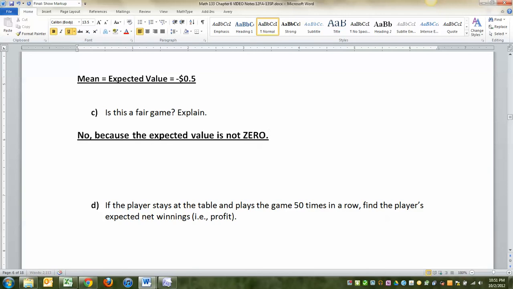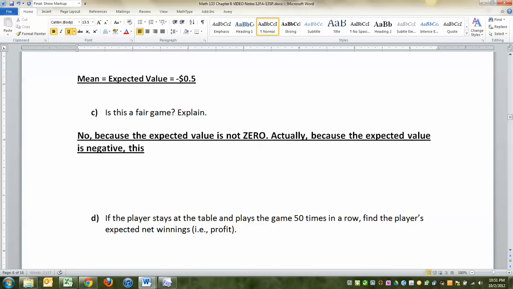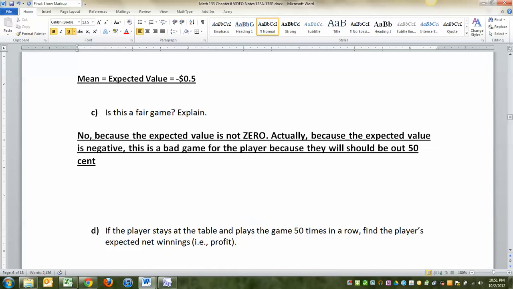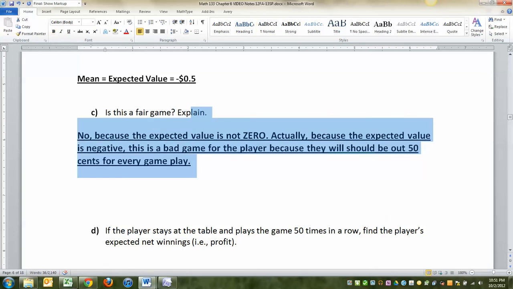Actually, because the expected value is negative, this is a bad game for the player because they should be out 50 cents for every game play.